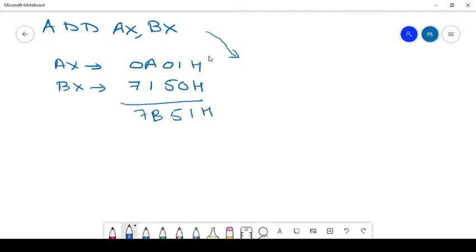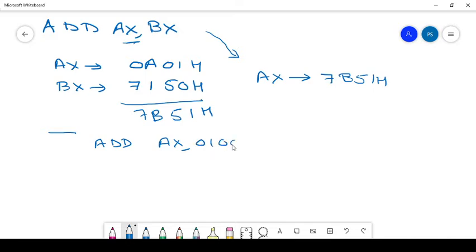After executing this instruction, the result will be stored in the destination, which is the destination register. So the content of AX will become 7B51H. Next, in a similar way, if the instruction is ADD AX, 0100H, this is immediate data, and it will be added with the content of the AX register.